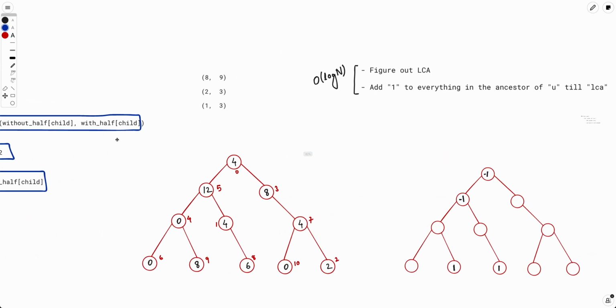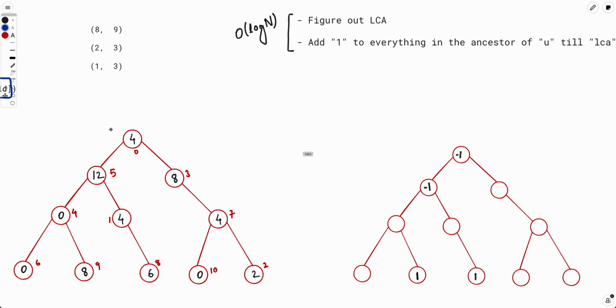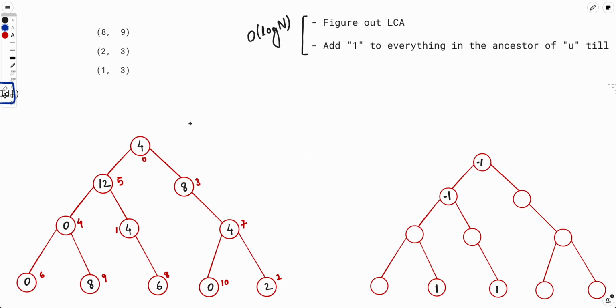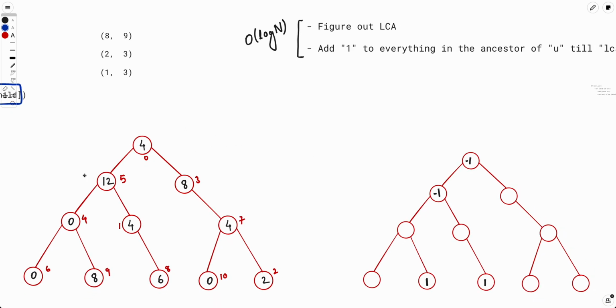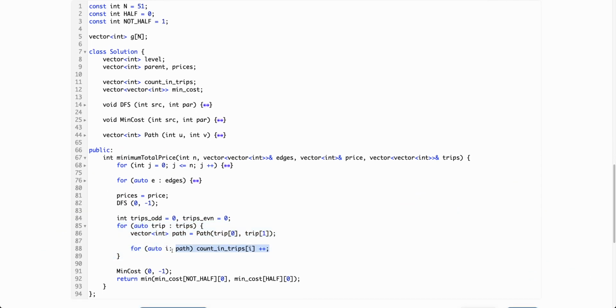So hope you thought about it. Now notice where this n square was coming into the picture. The reason for order n of path is that we are trying to find all the nodes in this range, and then we are also updating their counts, right?